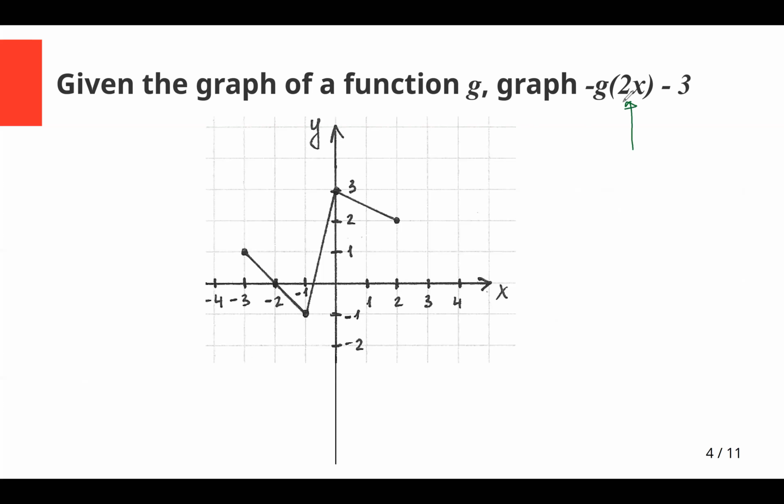Whenever the input is modified, that's a horizontal change. Now, what do we have here? We will be multiplying every x value by 1 over 2, 1 over the coefficient.